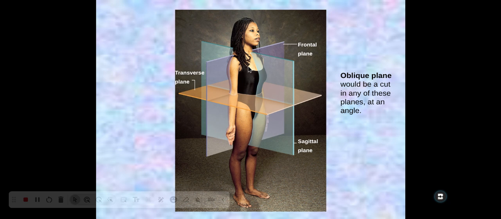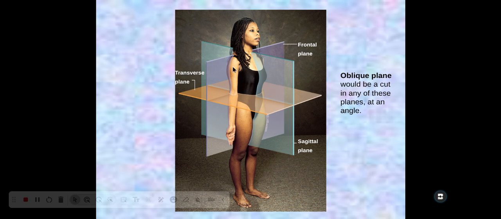If it's midsagittal, it would be equal right and left halves. And if it's just sagittal, then it's a right and left half, but they won't be equal. Transverse cuts the body into superior and inferior halves. Okay, and oblique plane.